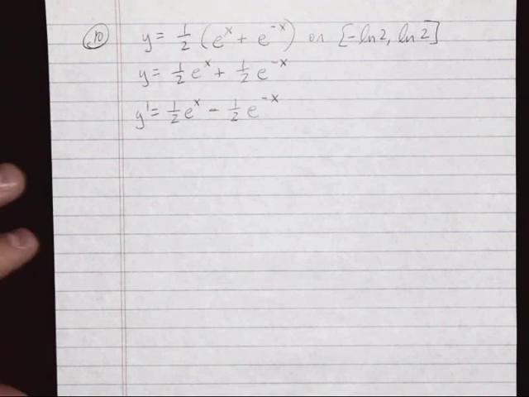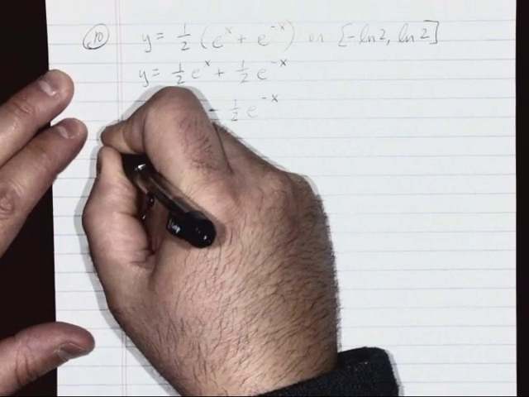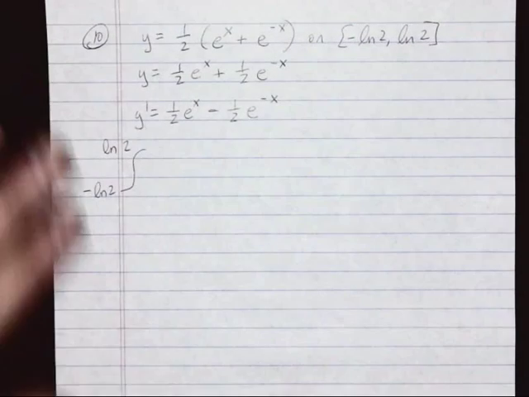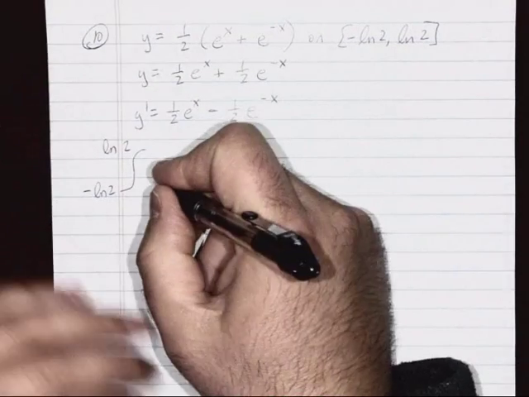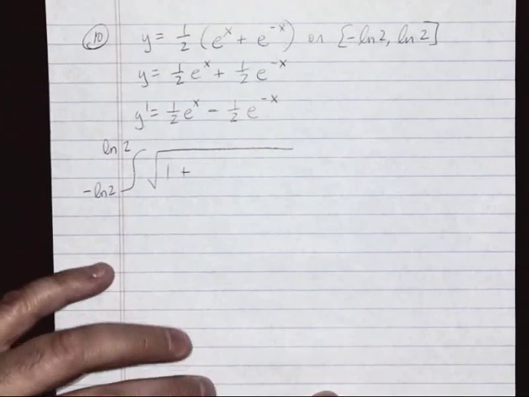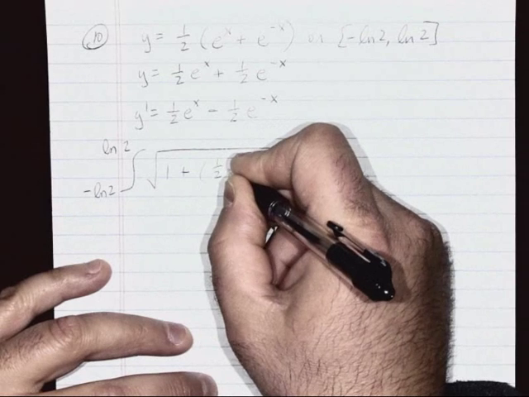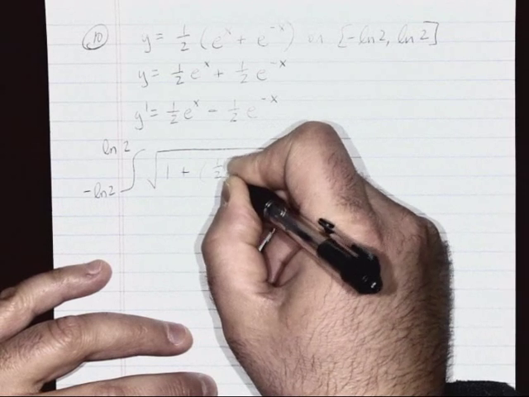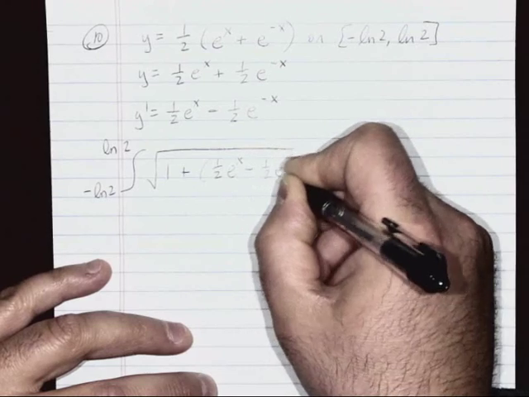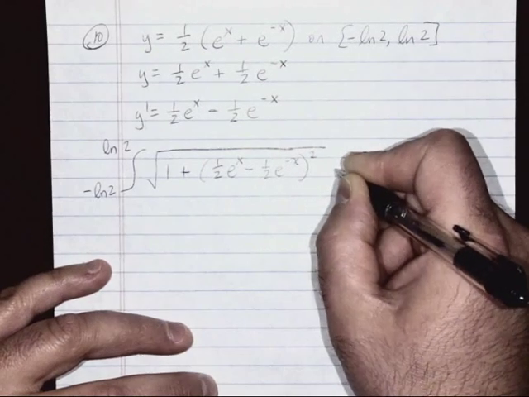Okay, so this one's turning out to be a doozy. We got a ln of 2, -ln of 2 as our intervals. One plus, and then we want to square our derivative that we just found under the radical.